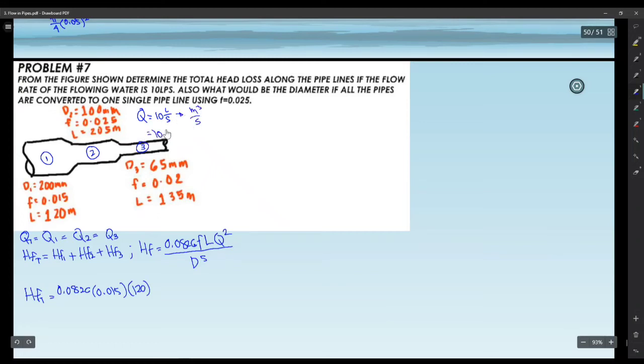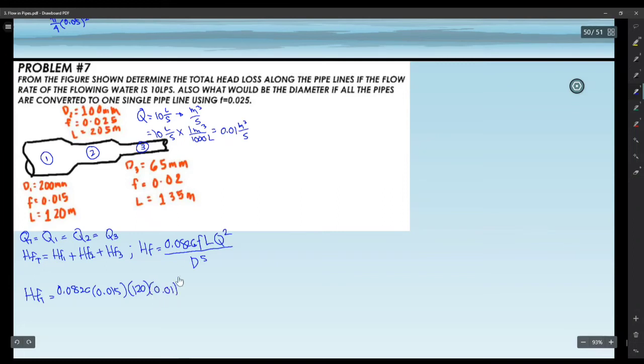We know that in 1 cubic meter there are 1,000 liters, so that is simply 10 divided by 1,000, or 0.01 cubic meter per second.